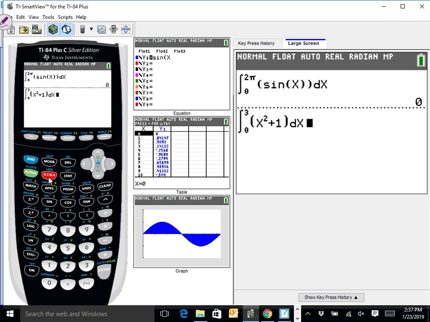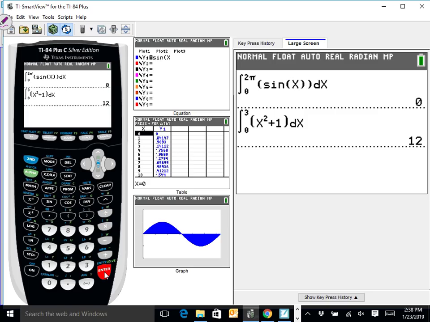My actual answer is 12, right? Which is good because that's right in between the two numbers that we said, right? Somewhere between, we knew 8 was too small, we knew 17 was too big, 12 ended up being the actual answer. Okay? Now, we didn't get very close to 12 with either of those approximations, but we got decently close. Okay? We narrowed it down to something that's more manageable.